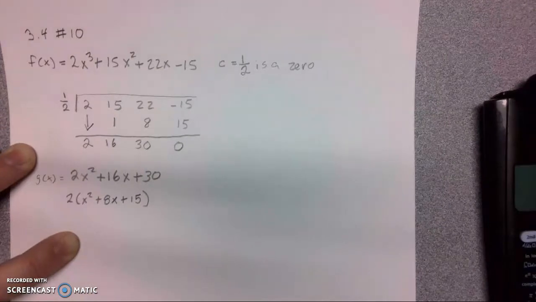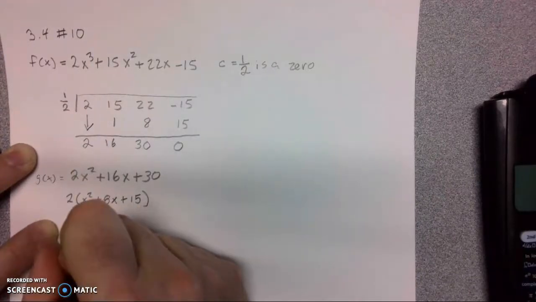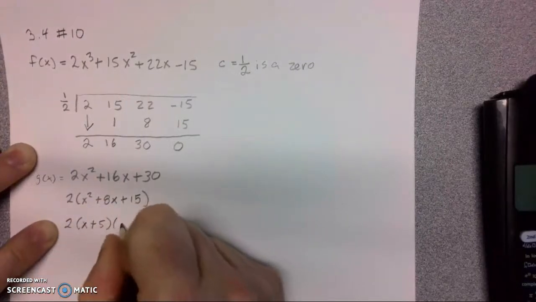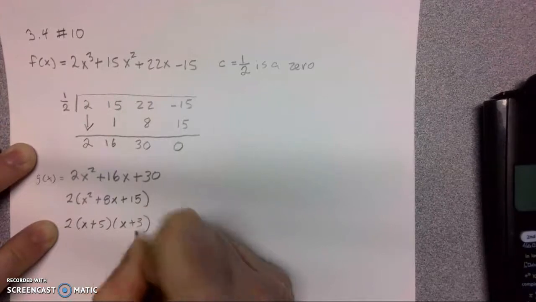Okay. So now x squared plus 8x plus 15. Two numbers that multiply to 15 and add up to 8 would be 5 and 3. So we'll have x plus 5, x plus 3.